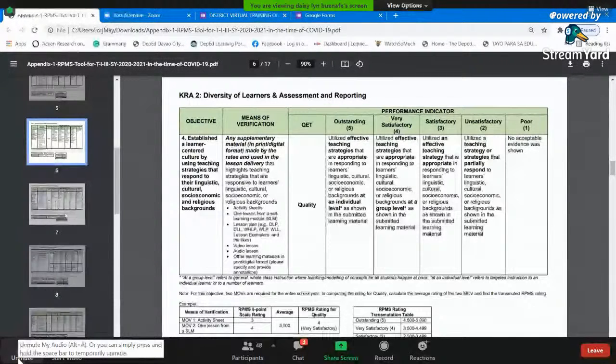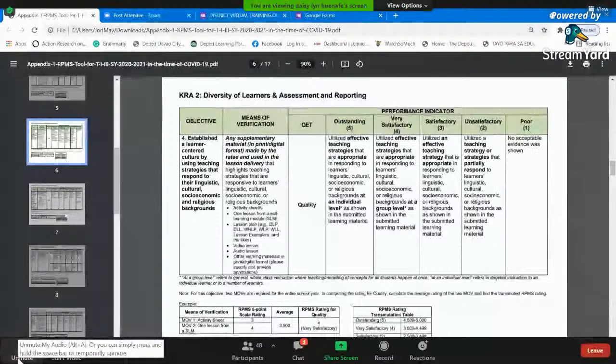But you can get a rating for utilize effective teaching strategies that are appropriate in this objective at a group level. What is group level? It refers to general, whole class instruction where teaching, modeling, or concept of all students happens at once.